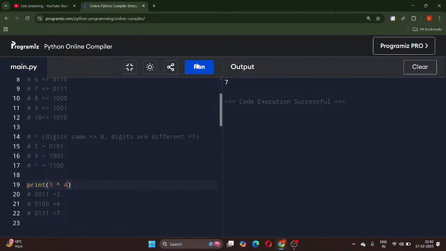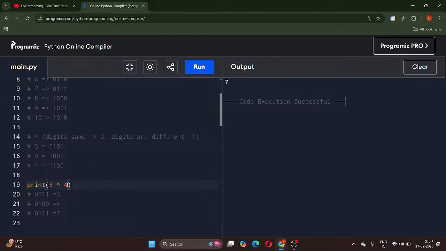So basically what you have to do is follow this simple rule: if the binary numbers are same, that is 1 XOR 1 or 0 XOR 0, then you give the final answer as 0. And if the digits are different, for example, 1 XOR 0 or 0 XOR 1, then the final answer would be 1.